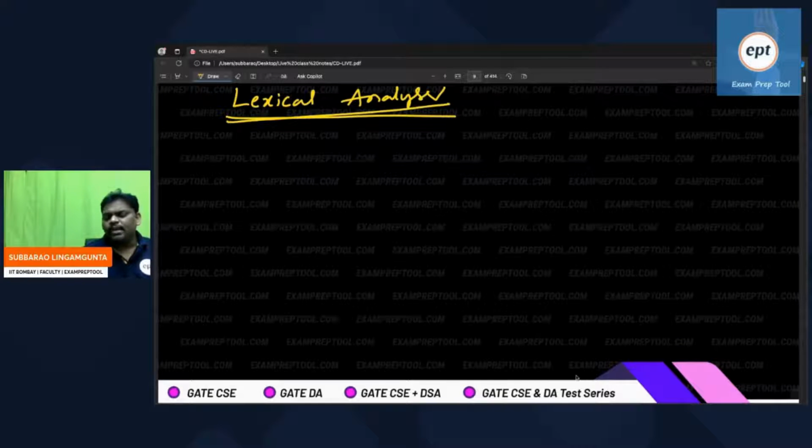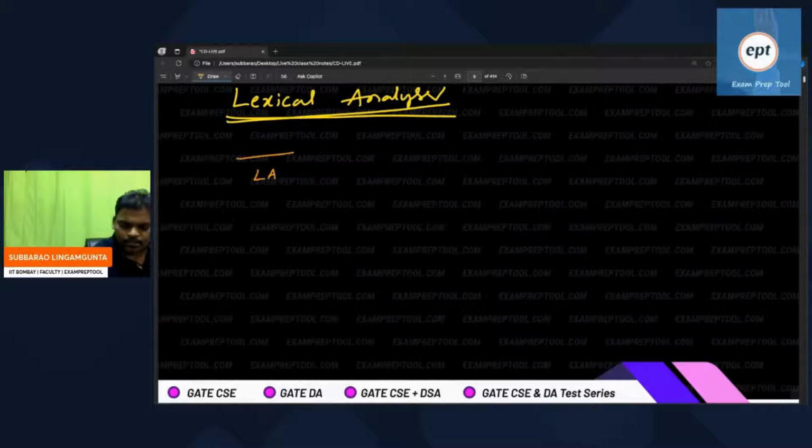The purpose of lexical analyzer, everyone knows. Getting tokens, right? Dividing the given program into tokens. That is the purpose of lexical analyzer. So I'm going to draw one diagram now. See one time. Lexical analyzer. Careful everyone.